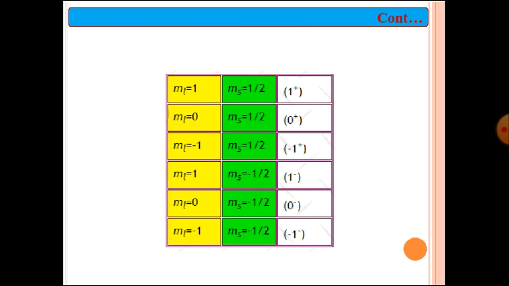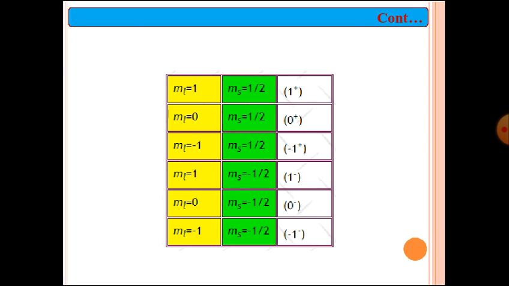Here ml equal to 1, ms equal to 1 by 2, that is the state 1 plus. Similarly, ml equal to 0, ms equal to 1 by 2, the state 0 plus.